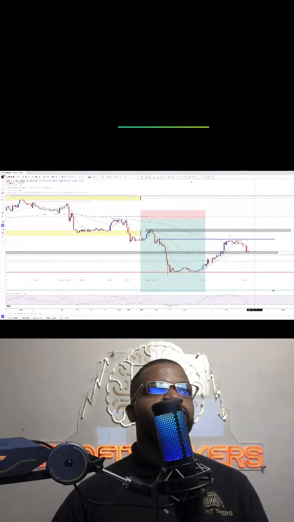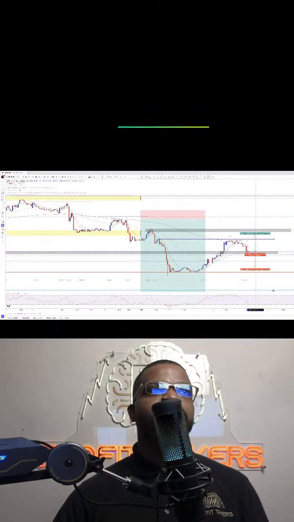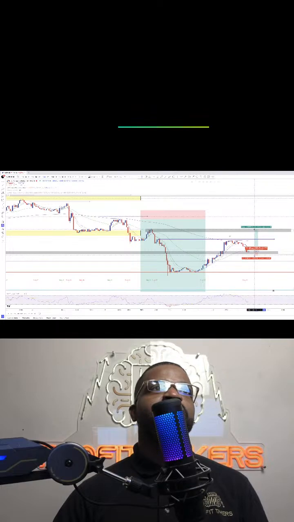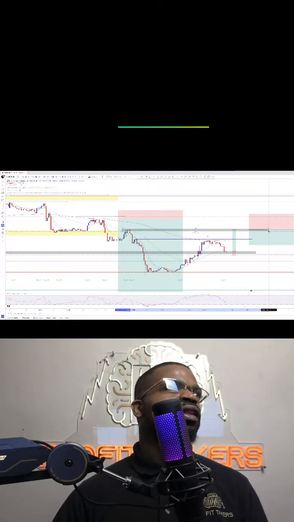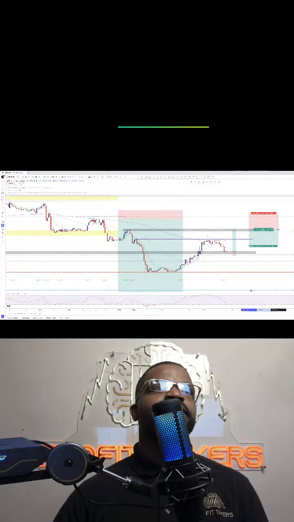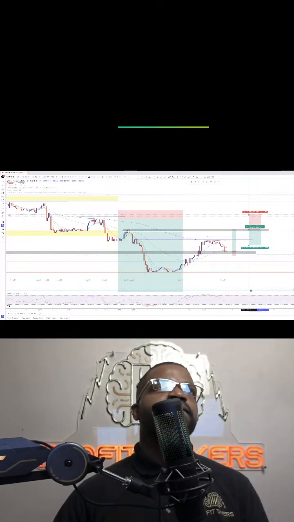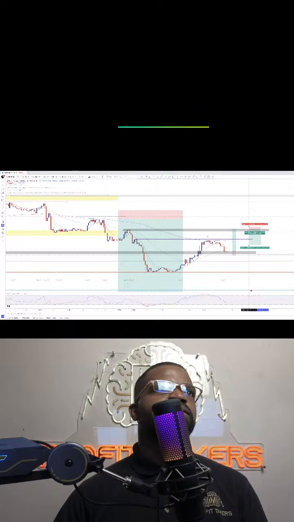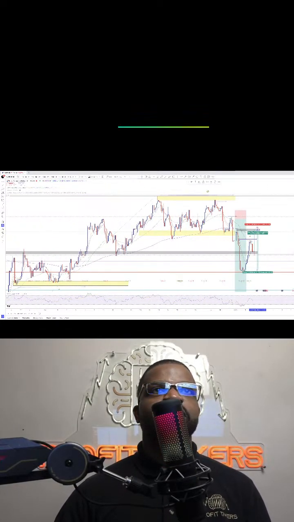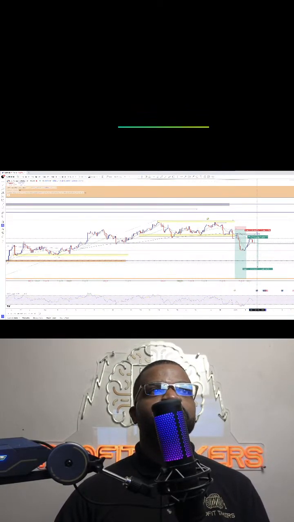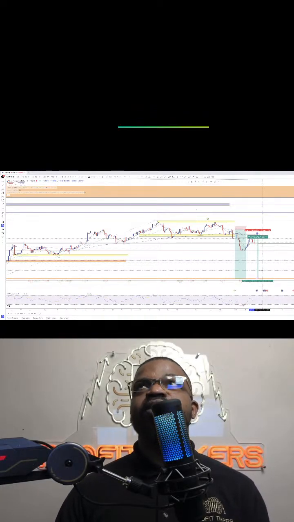You may be able to play this both ways. Where would it go? Oh, the TP3. And this is pretty much all I do to add to my positions. I have a position.